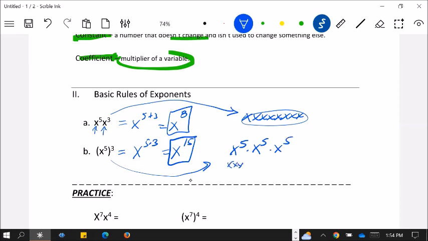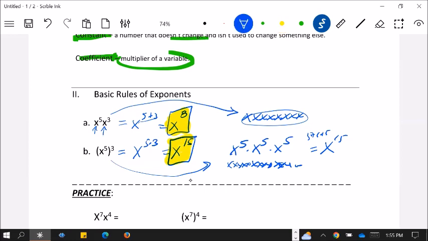That's 5 of them, and 5 more, and 5 more, which is the same thing as adding them all up. So it's x to the 15th by adding. We can do 5 plus 5 plus 5, which is a lot easier, or even easier to do 5 times 3. So those are the two most basic rules.